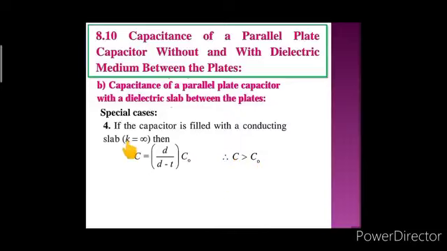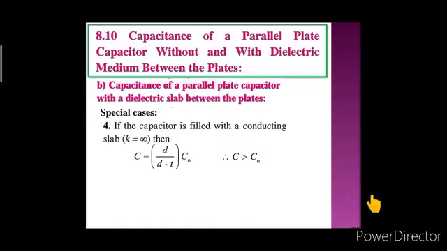So when the value of K we are taking as infinity, the capacitance in the original equation becomes C is equal to A epsilon naught upon d minus t there.